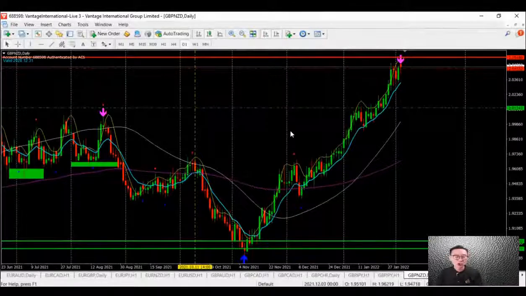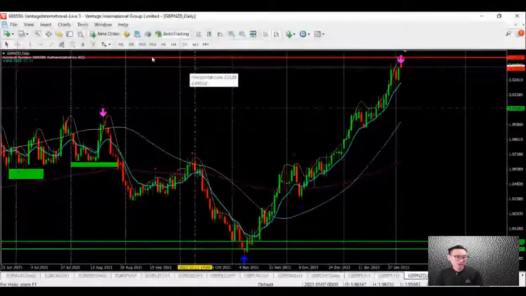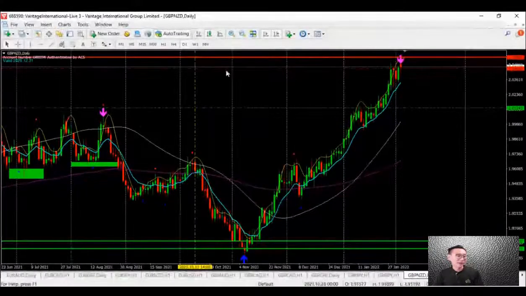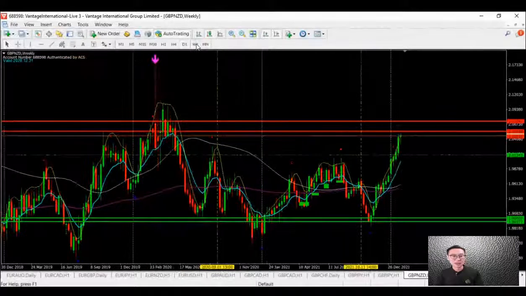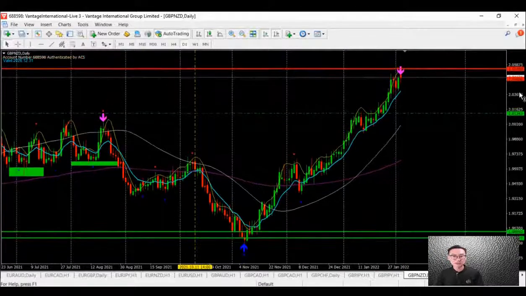All right, so pound kiwi over here. We have been running a bull run. As you can see, the pound kiwi has been running as a bull for quite a long while. Let me pull back a little bit.